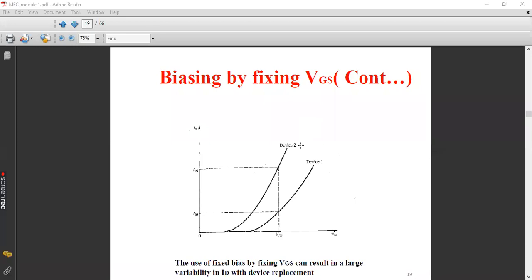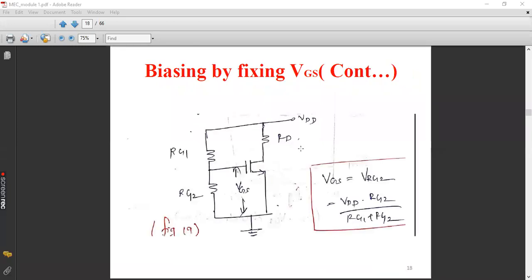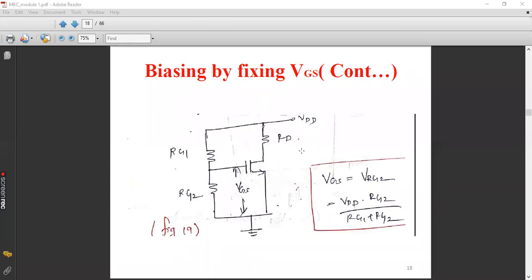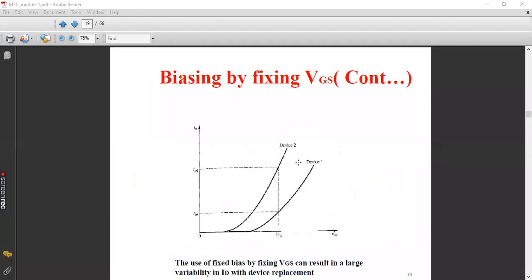Now, coming to this graph, this shows the significance or limitation of this particular technique. So what technique have we adopted here? We have taken a potential divider network so as to fix a constant voltage across the gate and source terminals.